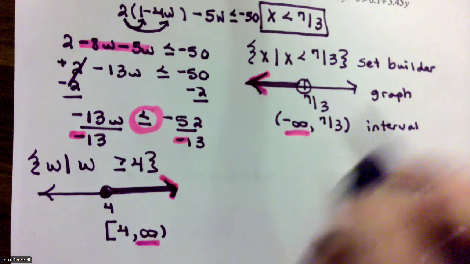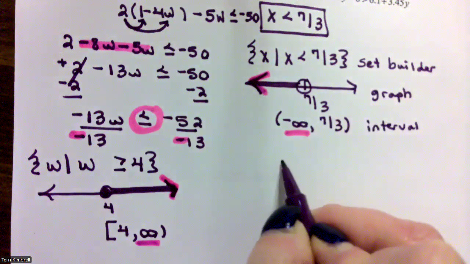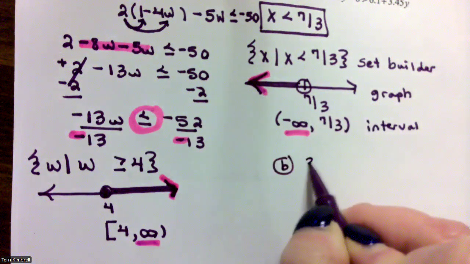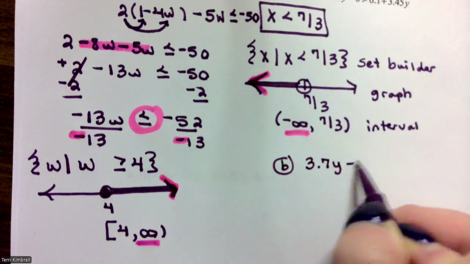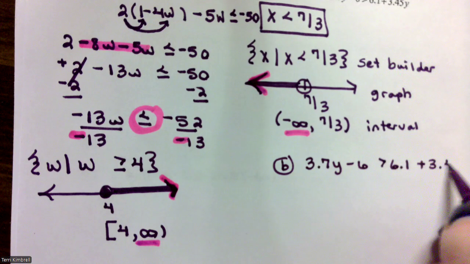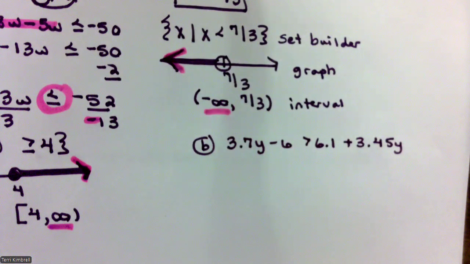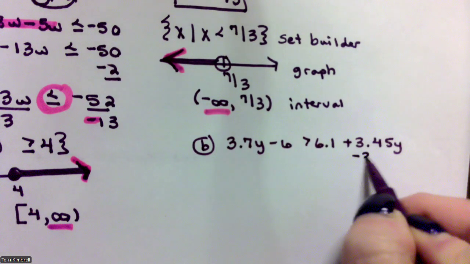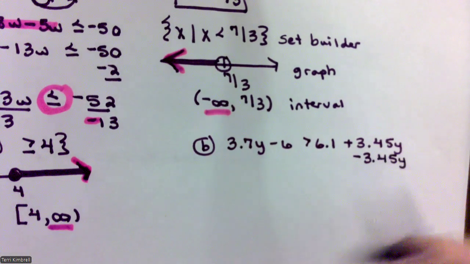Okay, and our last question here was letter B. I'm going to recopy that down here. This time I don't have to distribute, but I do have variables on opposite sides. So I'm going to subtract and bring my letters to the left side.